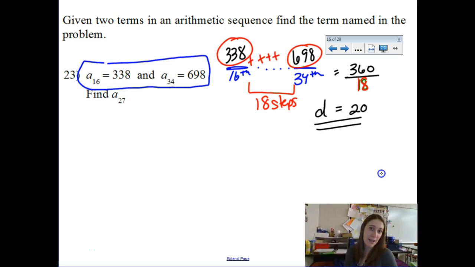That was definitely not the only way to get the common difference. I just think that's the easiest way, but to each their own. Otherwise, you'd have to go back and find the first term and then go back. I don't know if it's easier to do it the other way. I don't think so. So I figured out how many steps we went, I figured out how numerically far apart they were, and I just divided those to figure out the common difference.